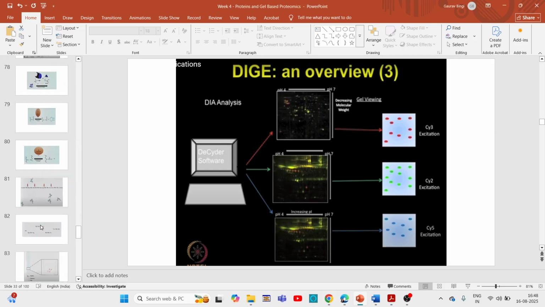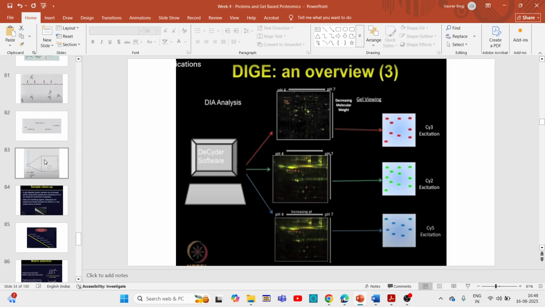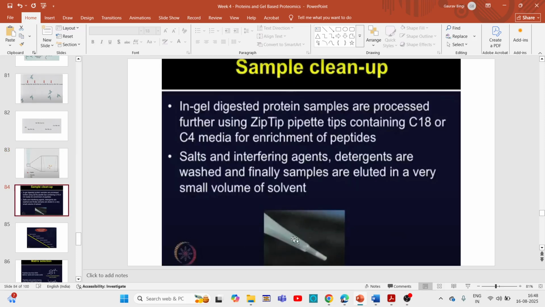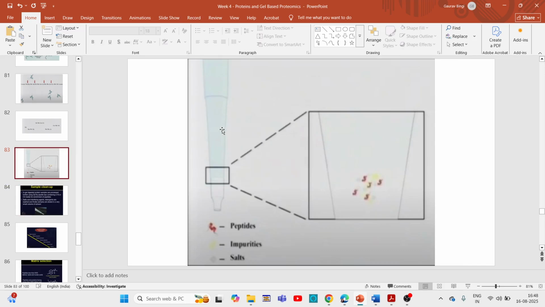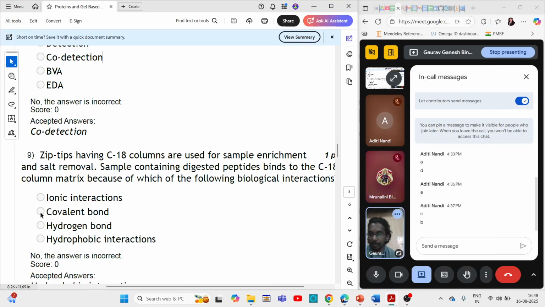We just talked about it. So how does a ZipTip look? This is how it looks. Inside that there is a C18 matrix, and if the binding is happening covalently, then the peptides will never be eluted out. Covalently bound means it is strongly bound. So obviously B cannot be the answer, but any one of the others can be the answer.